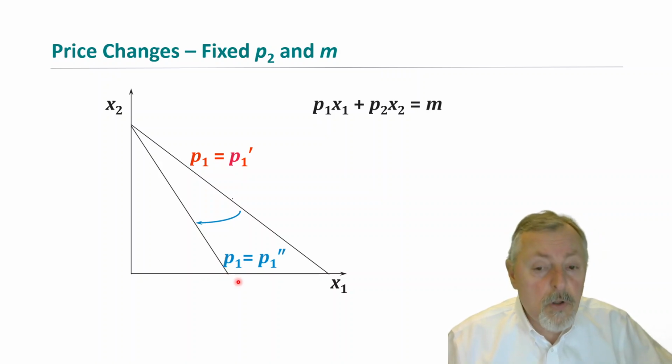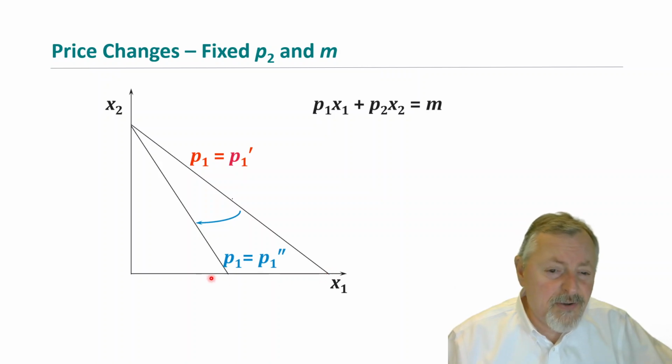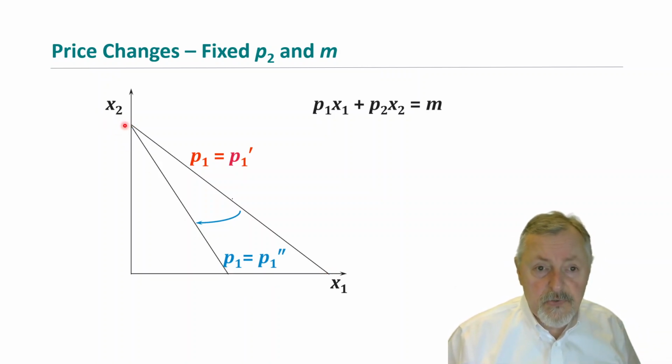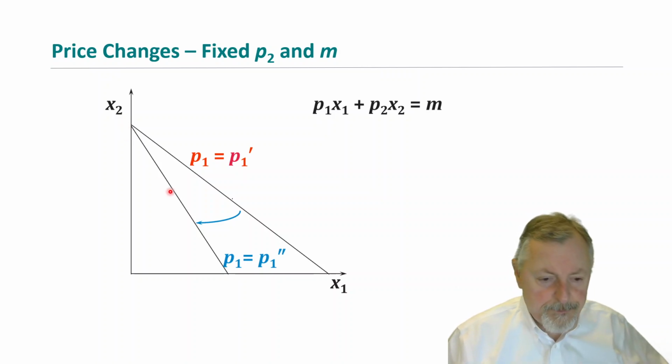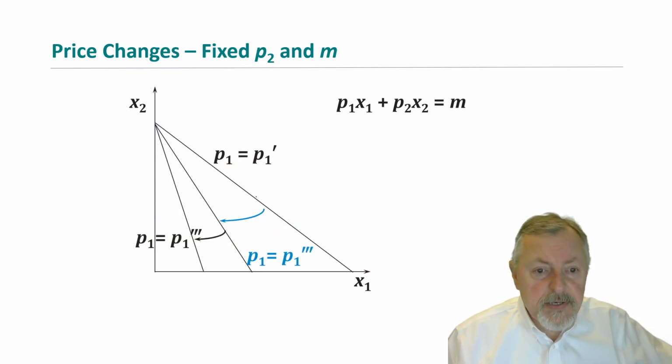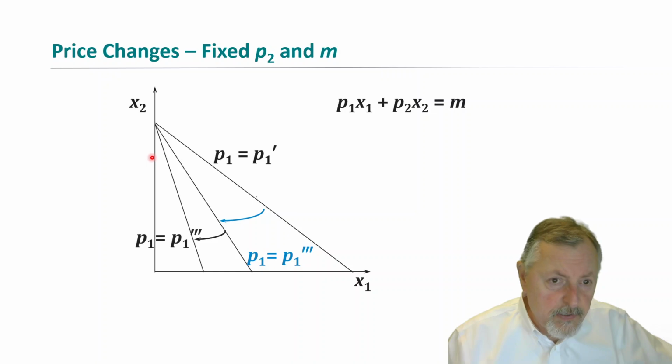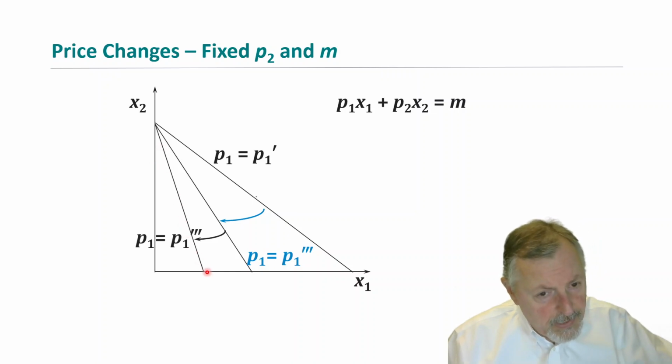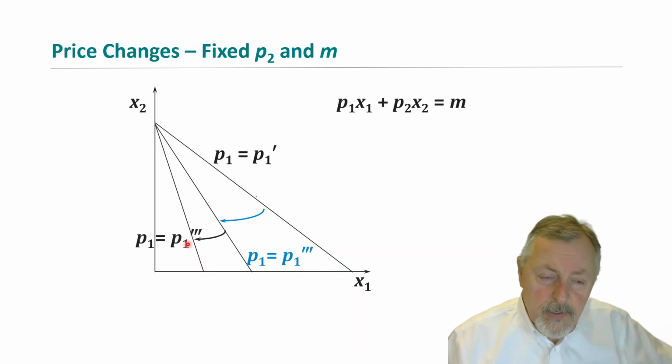Because if you spend all your money on commodity 1, instead of affording this much, now you can only afford that much. But if you spend everything on commodity 2, nothing changes. And if the price goes up even more, then it would go from this budget constraint to this one at the even higher price of P1 triple prime.